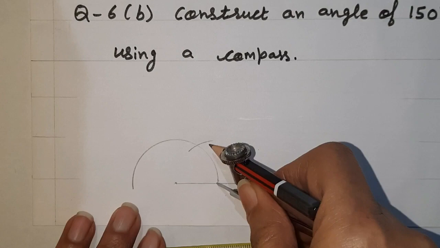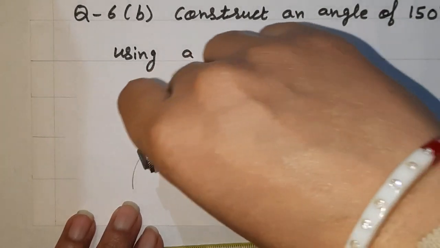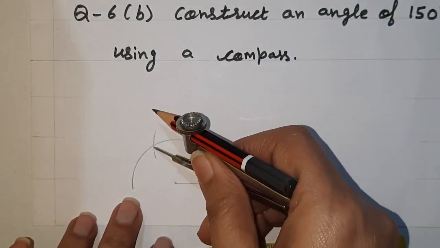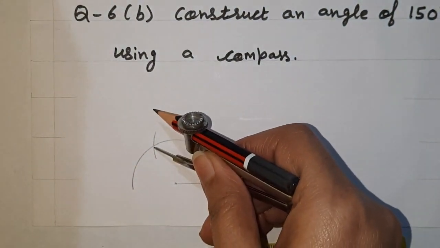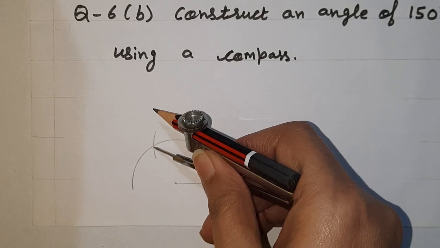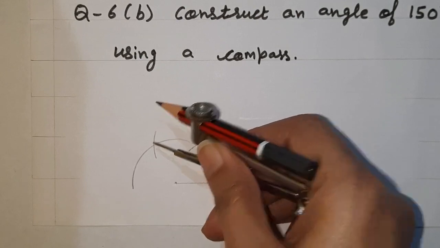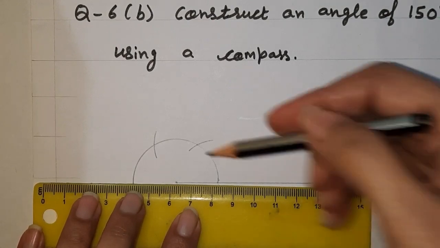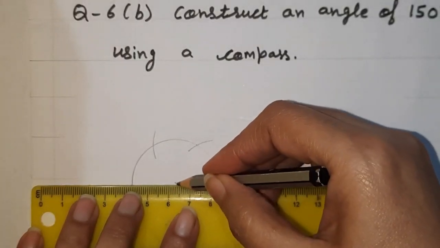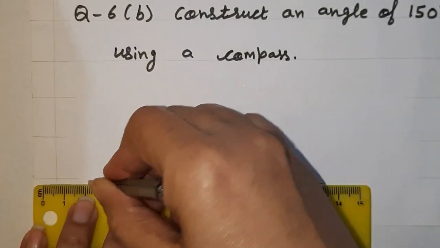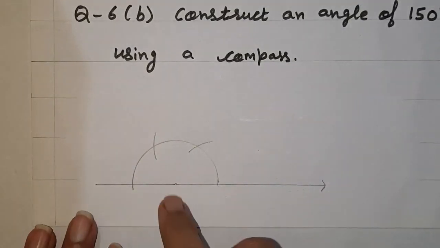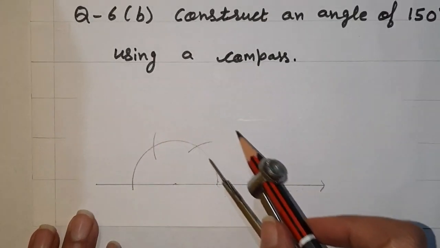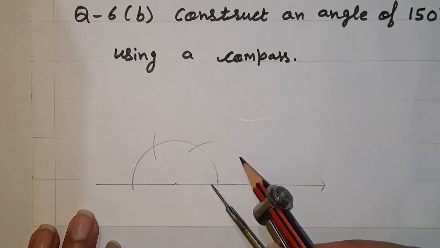You know this, you have done it in the previous lecture. 60, then again 60 plus 60, it is showing 120 degree, and we have to draw 150 degree. So we will increase this line. Okay, now you know this complete angle is of 180 degree.